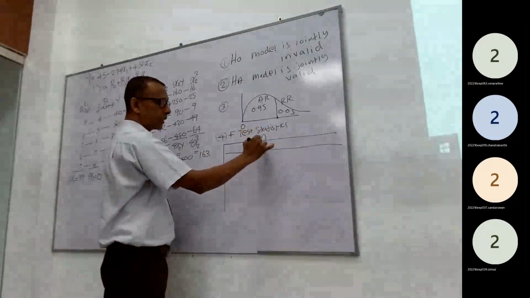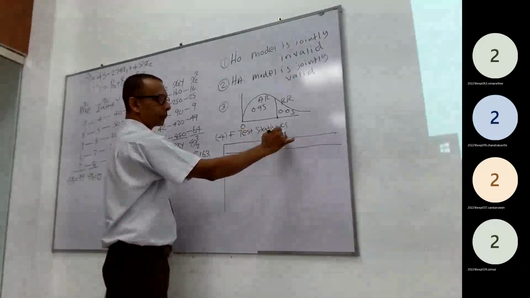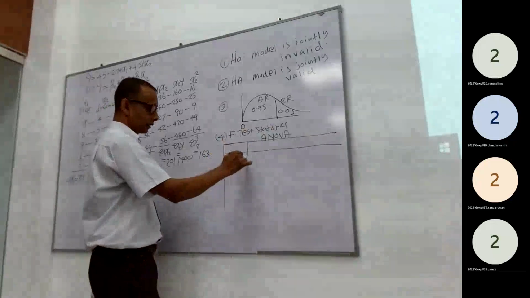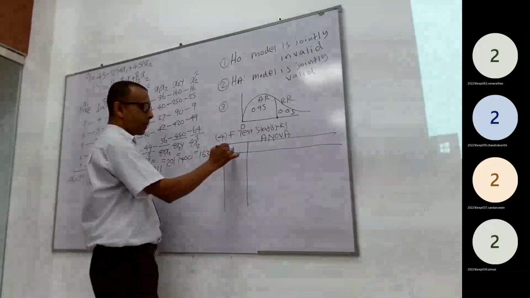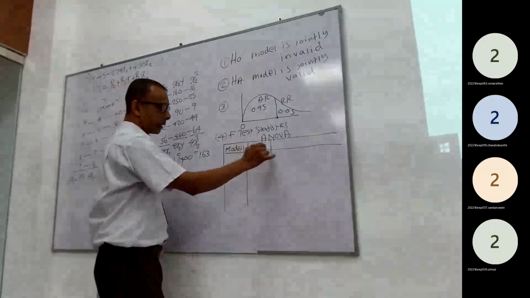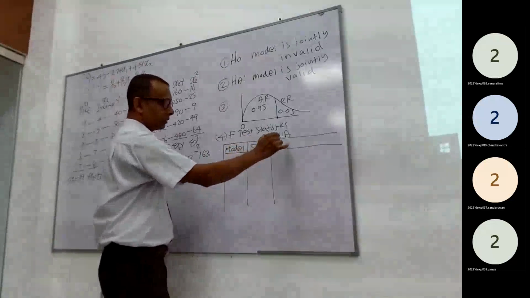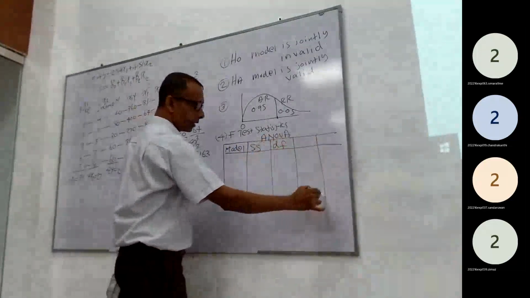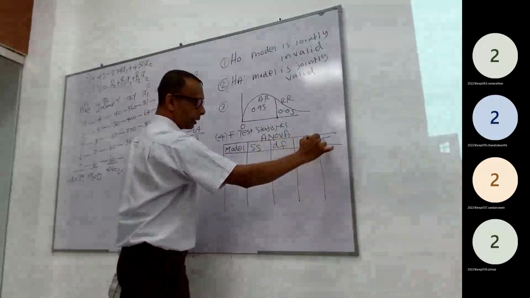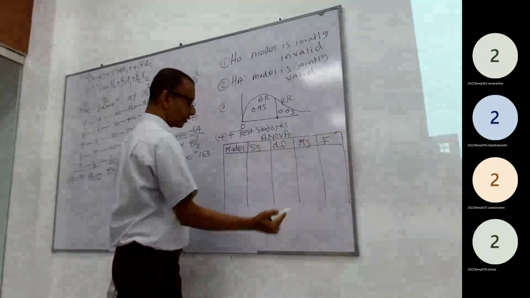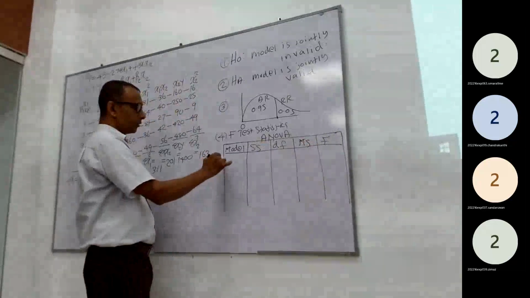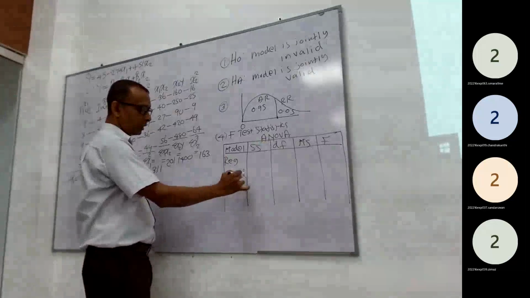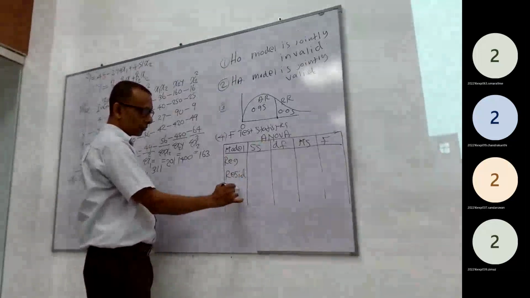The F test statistic comes from the regression ANOVA table. Here the columns are model, sum of square, degrees of freedom, mean square, F statistic. First row regression, second row residual, third row total.